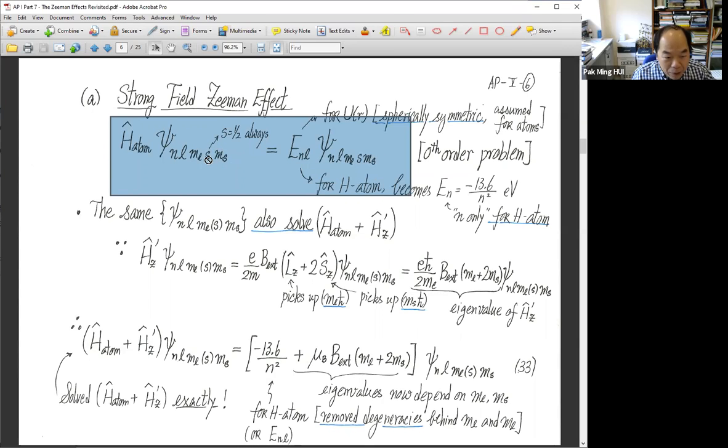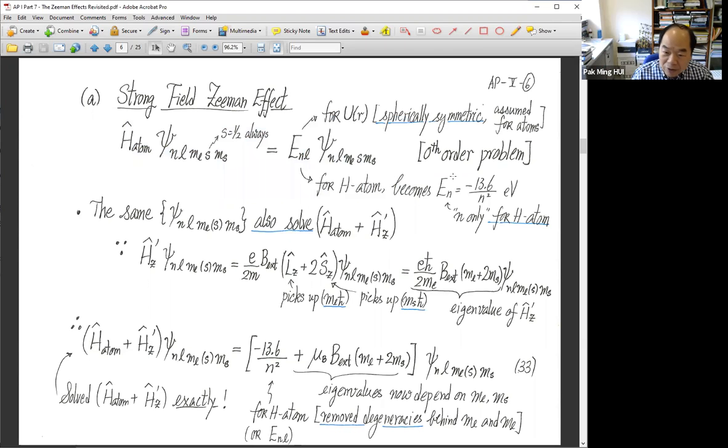I put in an s just to complete the list, but this s is always half for the electron. So very often it is skipped, but we better keep it for completeness. And for hydrogen, it's a very special case. The energy only depends on the quantum number n. It is accidental. For a central force, it is related to n and l. So that is the common ground where we start our journey.